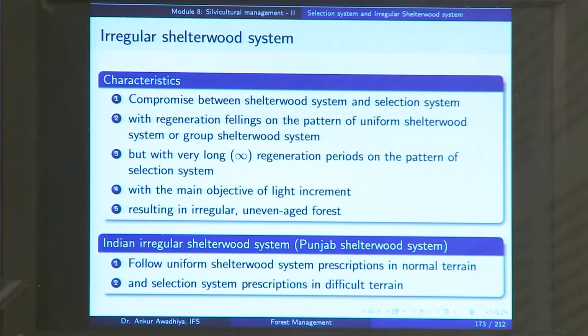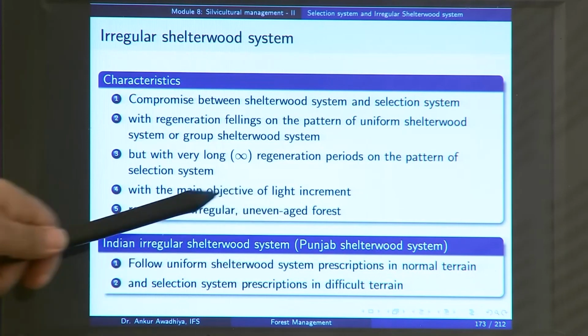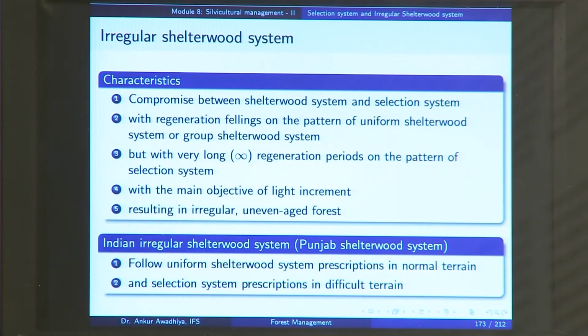Now, the main objective is that of light increment, as in the case of your Shelterwood system, and because you add both these characteristics, you get an uneven aged forest and which is irregular in nature. So, you are doing selection system in certain areas and you are following the Shelterwood system in certain other areas.